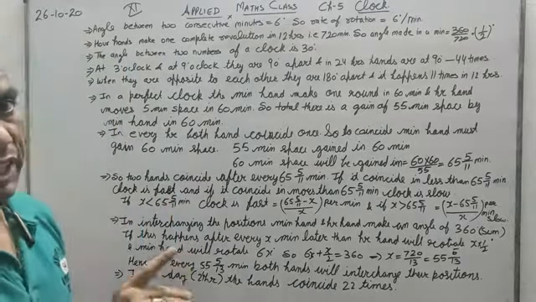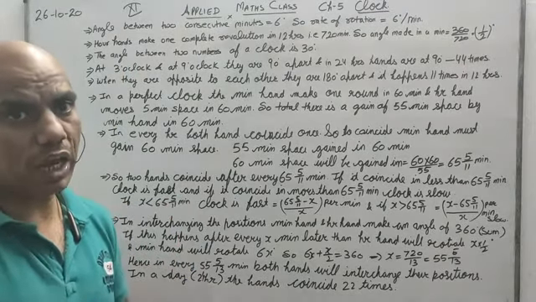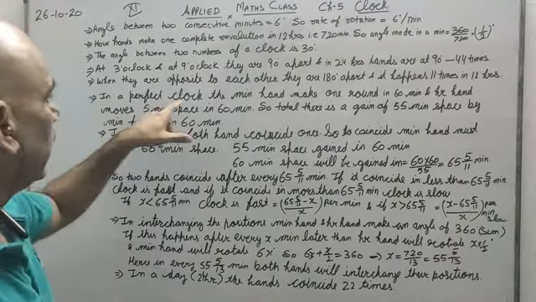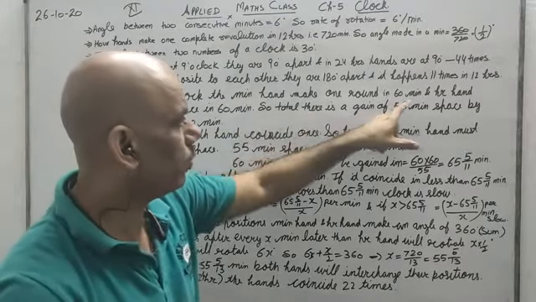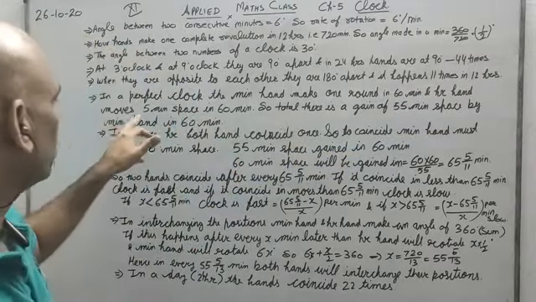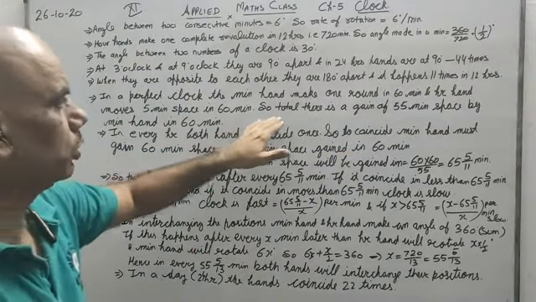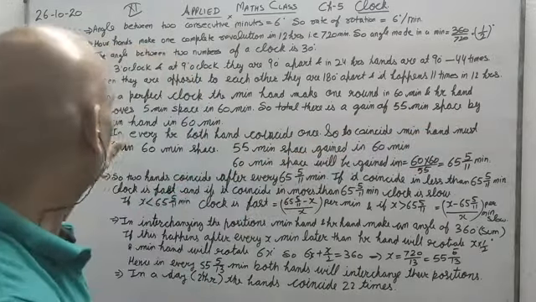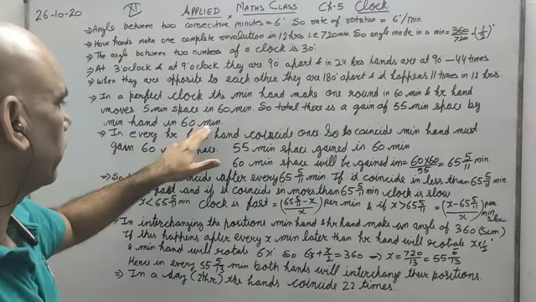Now if it is gaining 55 minutes over the hour hand in 60 minutes, how much will it gain in 1 minute? In a perfect clock, the minute hand makes one round in 60 minutes and the hour hand moves 5 minutes space in 60 minutes. So there is a gain of 55 minutes space by the minute hand in 60 minutes.